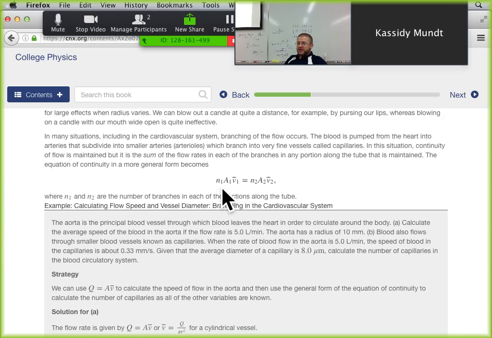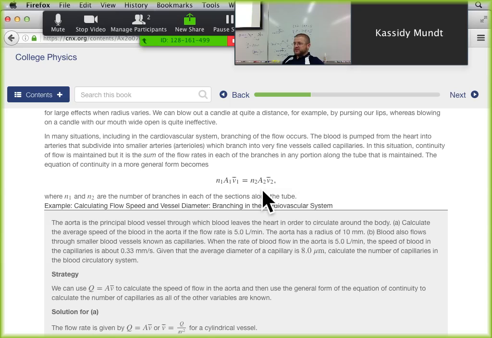So if you go from one artery to 500 capillaries, then the one artery, n1 equals 1, would be here with the cross-sectional area of that artery and the velocity of the blood in that artery. And then your 500 capillaries would be n2, and area 2 would be the average area of those capillaries.